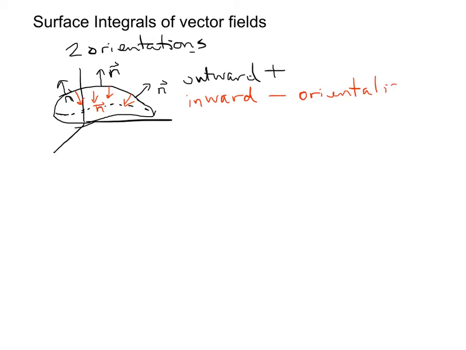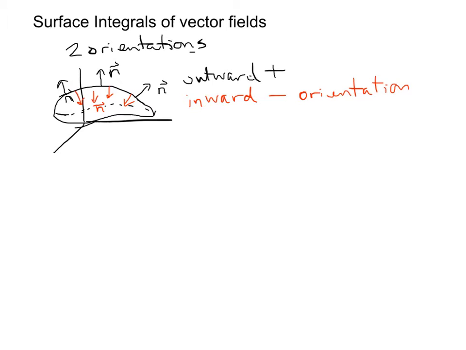And if the orientation is positive, then we just take the surface integral and it will be positive. If the orientation is negative, then we'll multiply our surface integral by a negative number. Okay, so there's a little bit of background information.